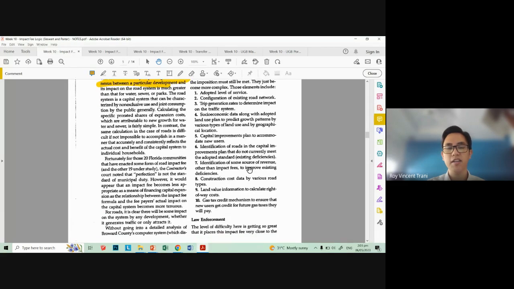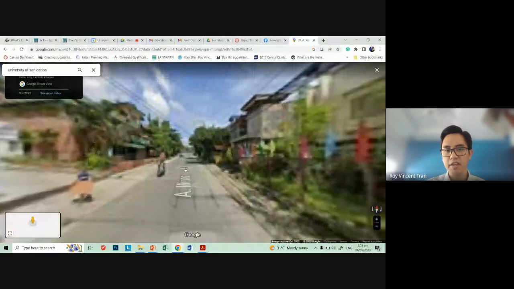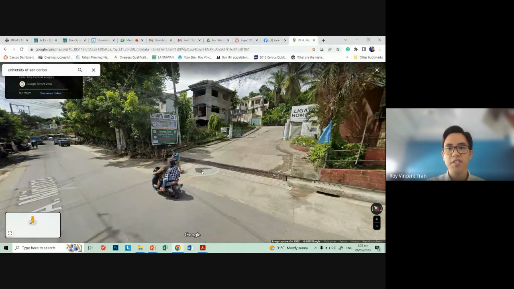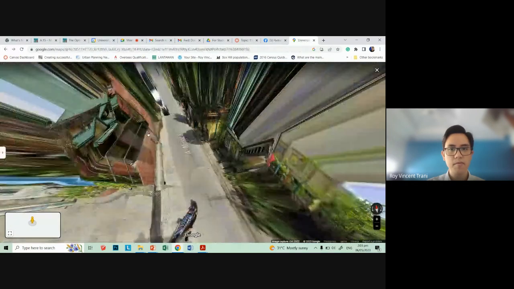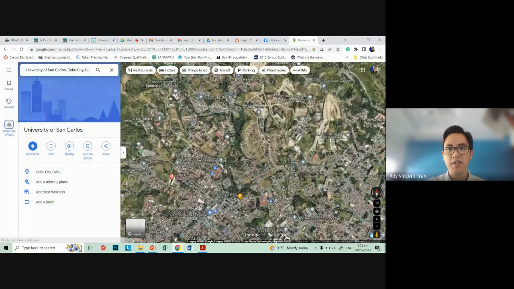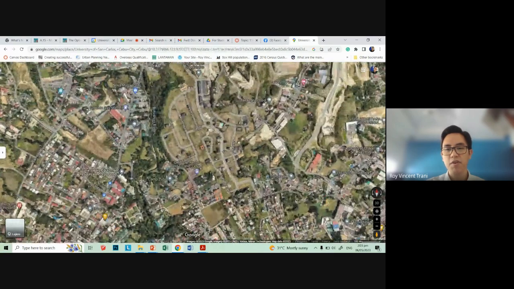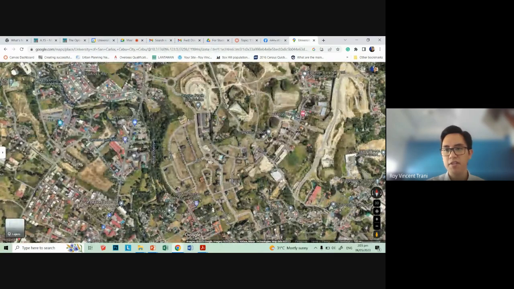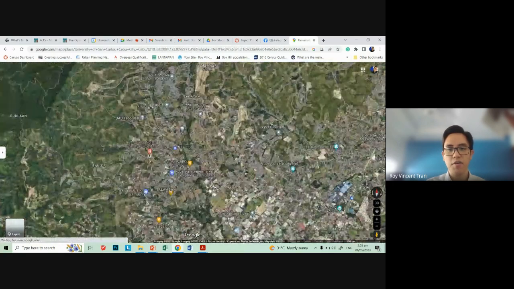I think there really is a need. If you can see areas in Cebu that look like this, we have subdivisions, where's that big one? In this area here, in Talamban in particular, there are so many subdivisions with a capacity of 200 to 500 homes. And they're all near this area, north of Cebu.